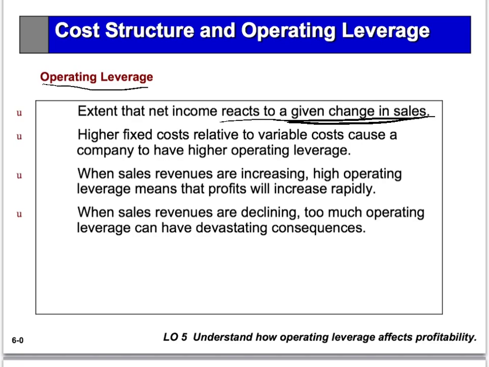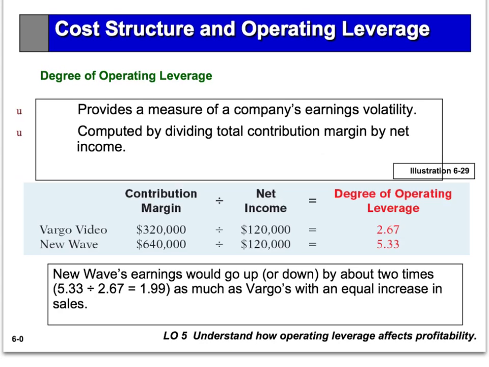The higher fixed costs relative to variable costs cause a high operating leverage. When sales revenue is increasing, a higher leverage will give you much more profit. But when sales are going south, the same thing, your losses are going to be twice as big. And therefore, you have one more calculation. Your margin of safety, contribution margin ratio, and all that.